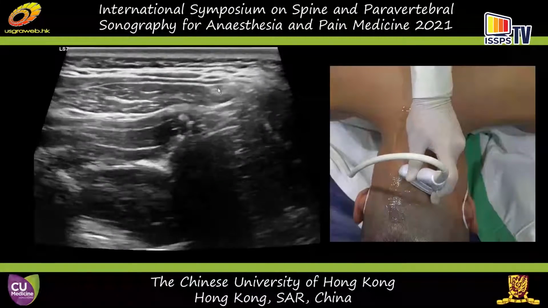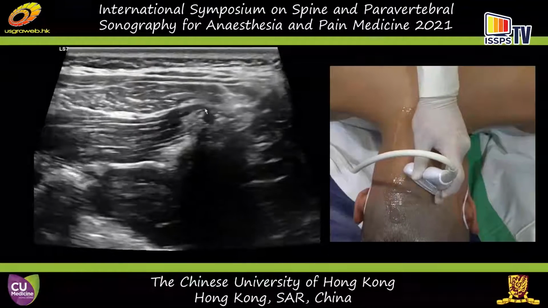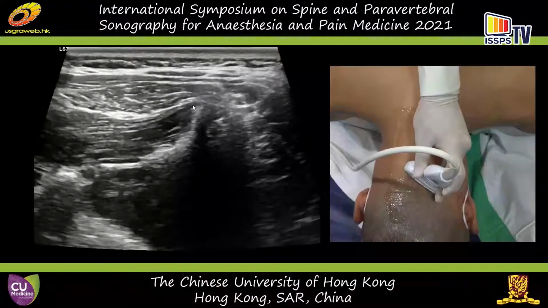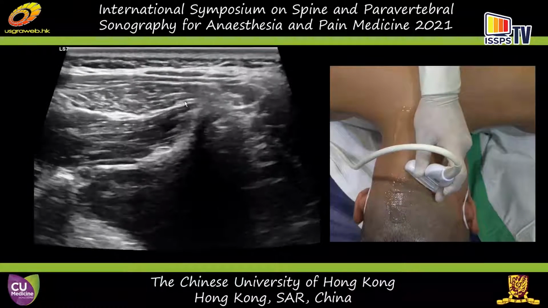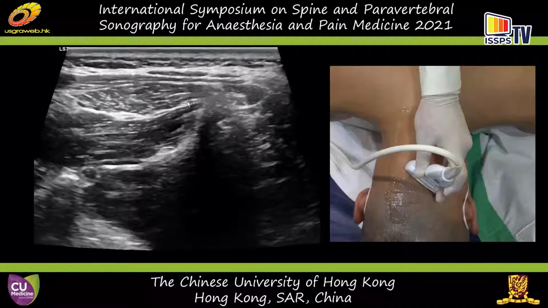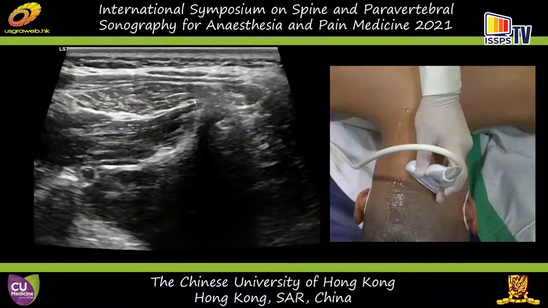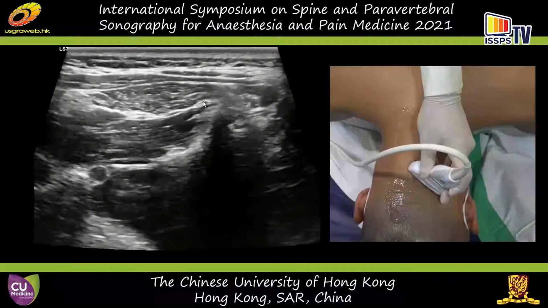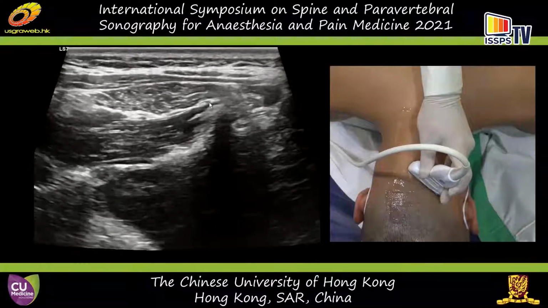And right next to the C2 spinous process, you are also going to see another nerve, which is the third occipital nerve, right next to the ligamentum nuchae here.